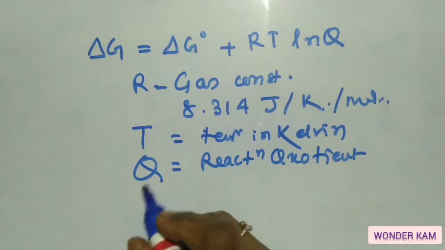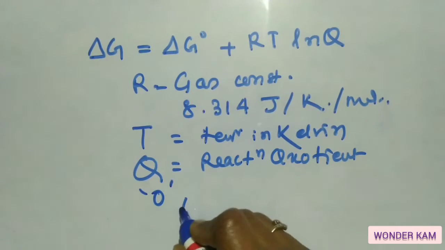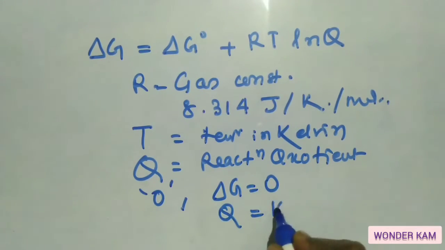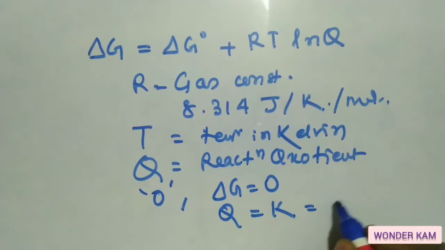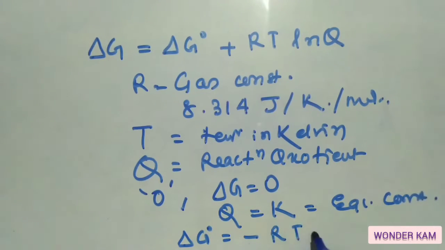And when the driving force of a chemical reaction is 0, then delta G becomes 0 and Q becomes equal to K, which is nothing but the equilibrium constant. And so delta G naught becomes minus RT ln K.